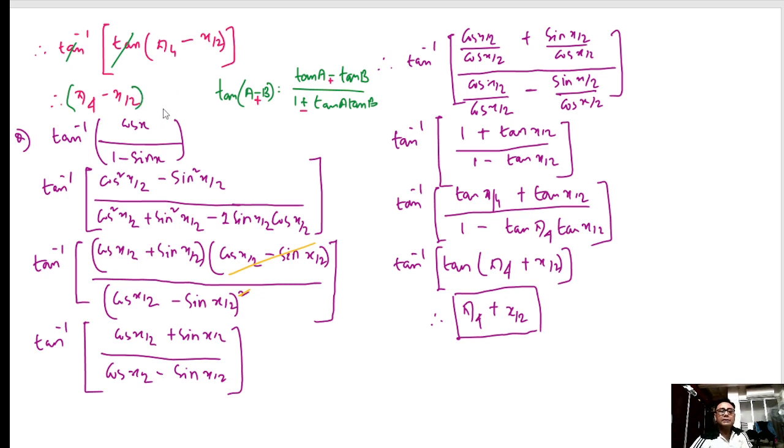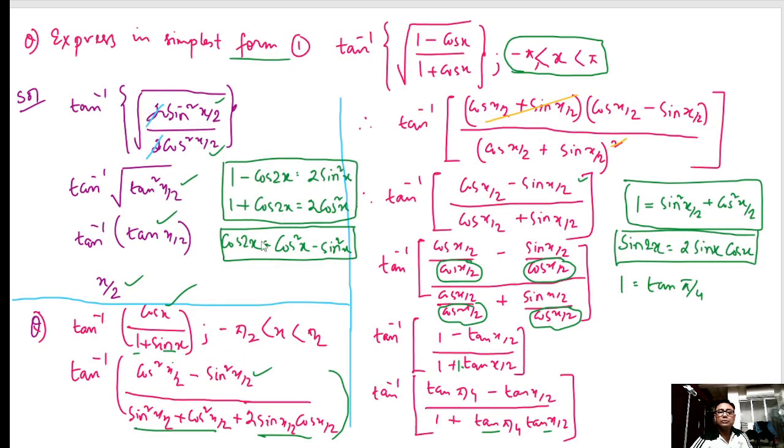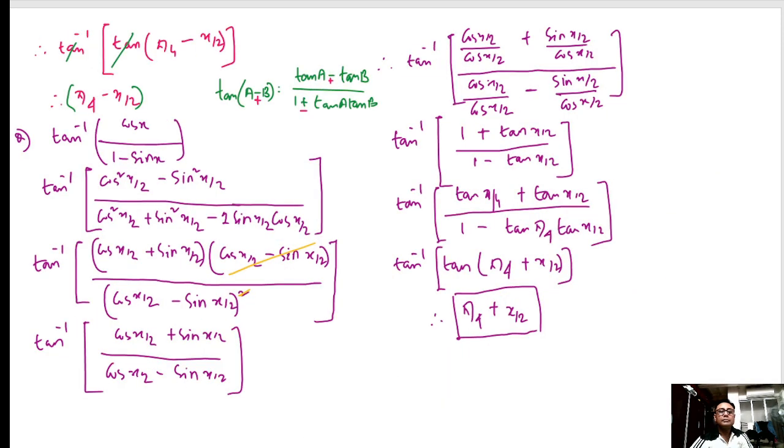So now let us see this. Tan inverse of cos x by 1 minus sine x. Now cos x, using the formula cos 2x equal to cos square x minus sine square x, will be cos square x by 2 minus sine square x by 2.